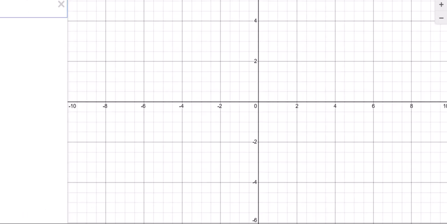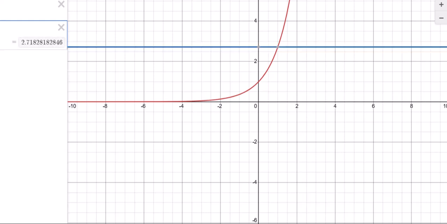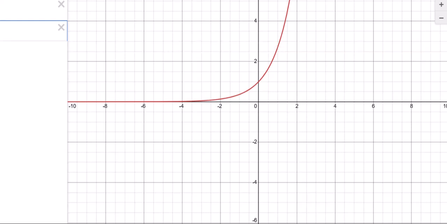Let's say I've got y equals e to the x, and then I reflect about the y-axis. That'd be y equals e to the minus x.